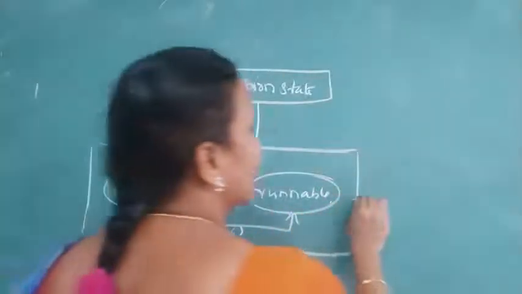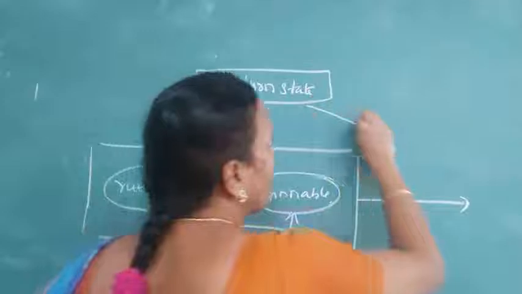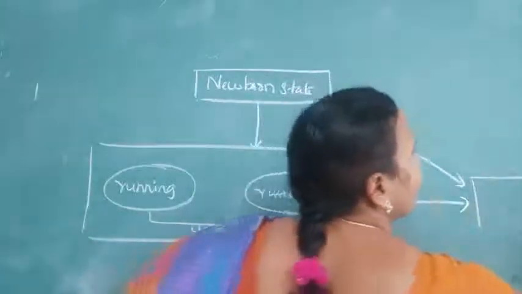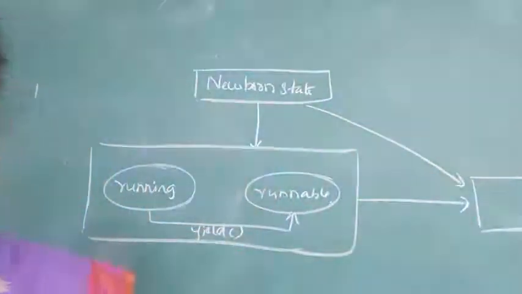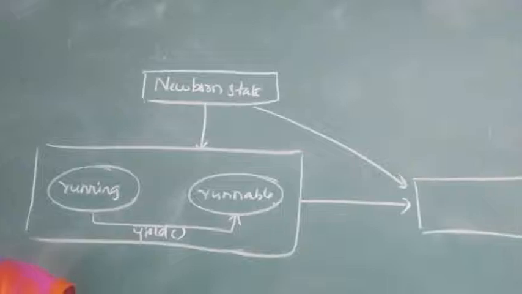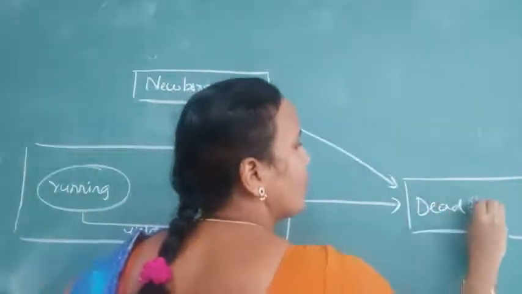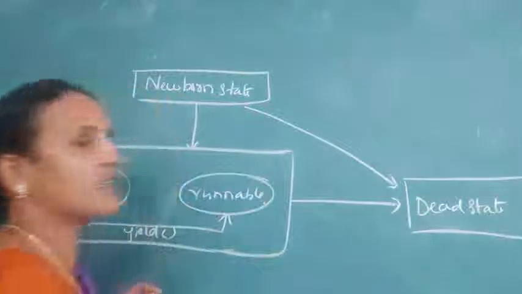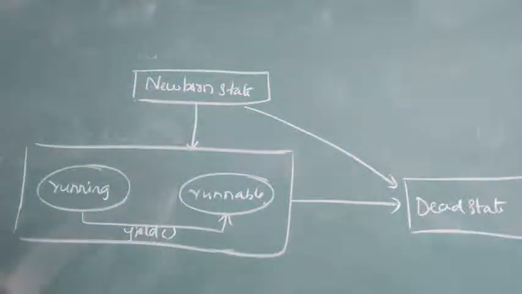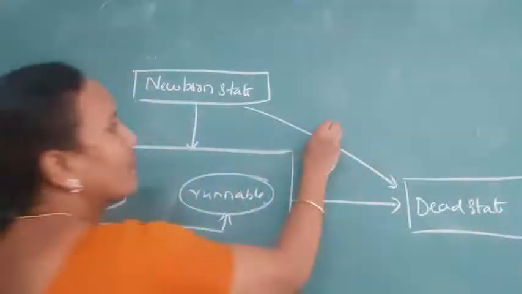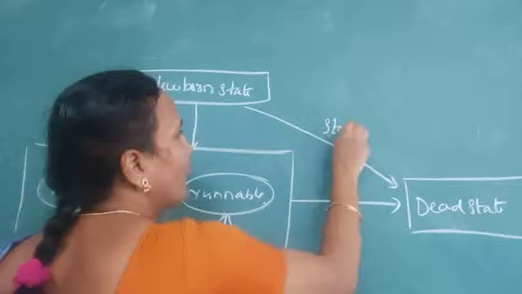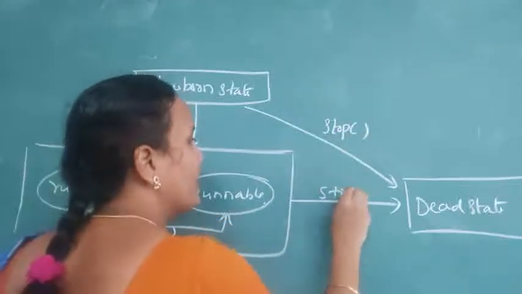The next one is the dead state. A thread reaches the dead state when it completes its execution or by calling the stop method.